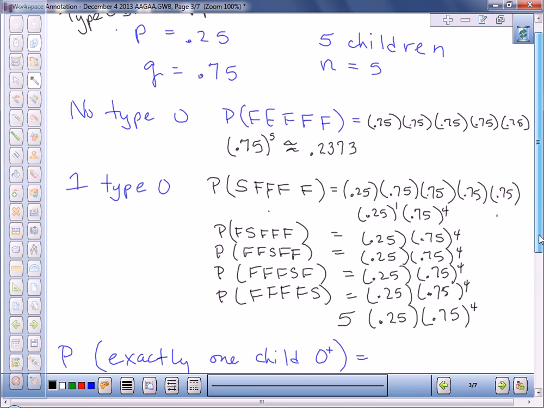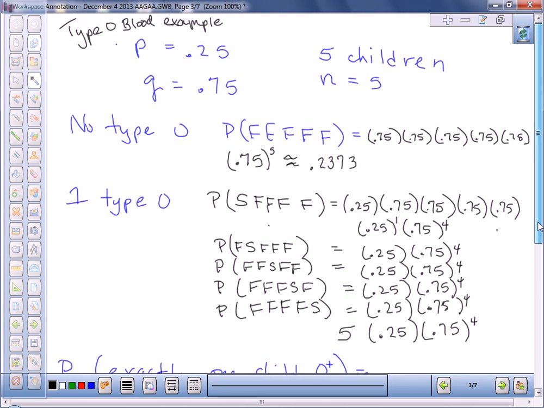Okay, now, the reason this is beautiful is it ties back into that formula we just looked at. That formula was this: C of n, k, p to the k, q to the n minus k. Now, what we have in this case is the combination of, how many children are there? 5.